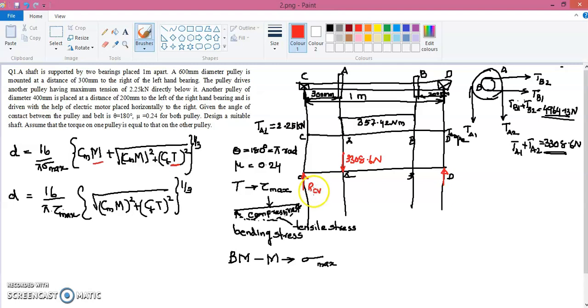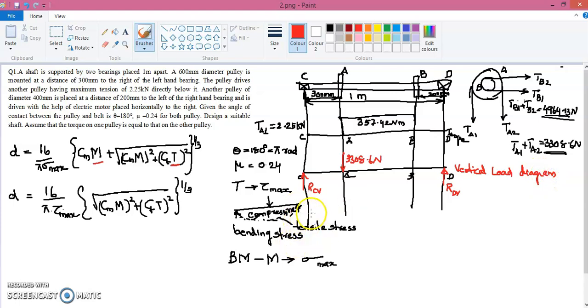That means it is a vertical reaction at the point C, that is RCV. And here it is a vertical reaction at the point D, so I can represent that as RDV. So this is a vertical load diagram.